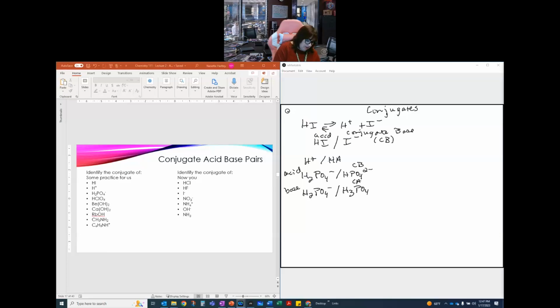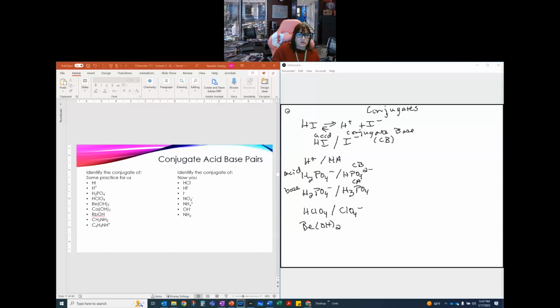All right. We can talk about HClO4. It will lose that H plus to become ClO4 minus. We can talk about BeOH2. Now, this is not an acid, this is a base. When it comes apart, it donates that OH minus to solution, right?